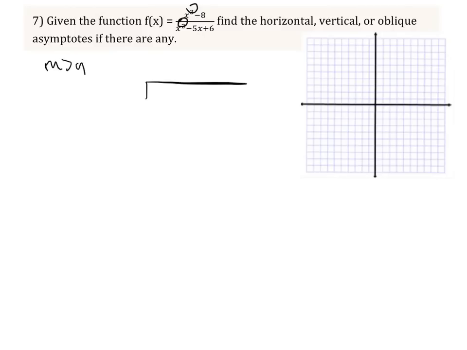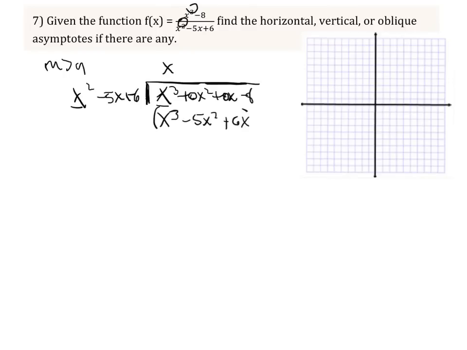X cubed, let me spread this out, plus 0x squared plus 0x minus 8. And then we've got x squared minus 5x plus 6. So x cubed divided by x squared is x. When we multiply it through, we get x cubed minus 5x squared plus 6x.